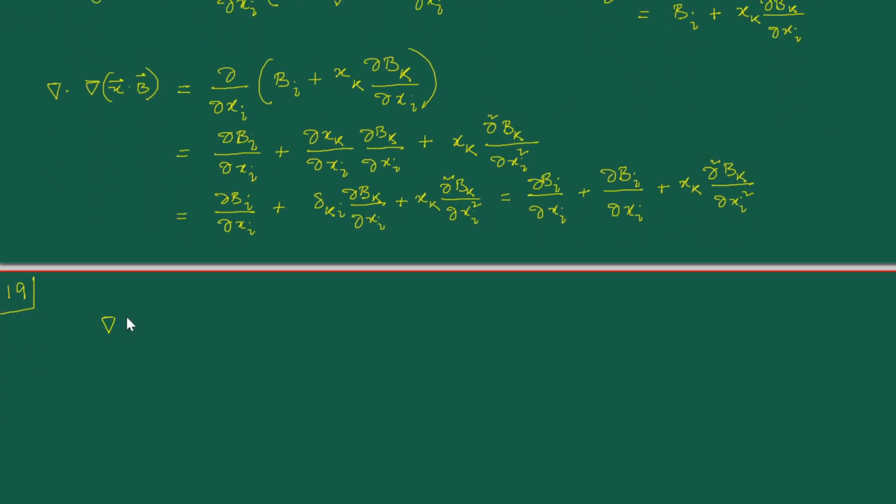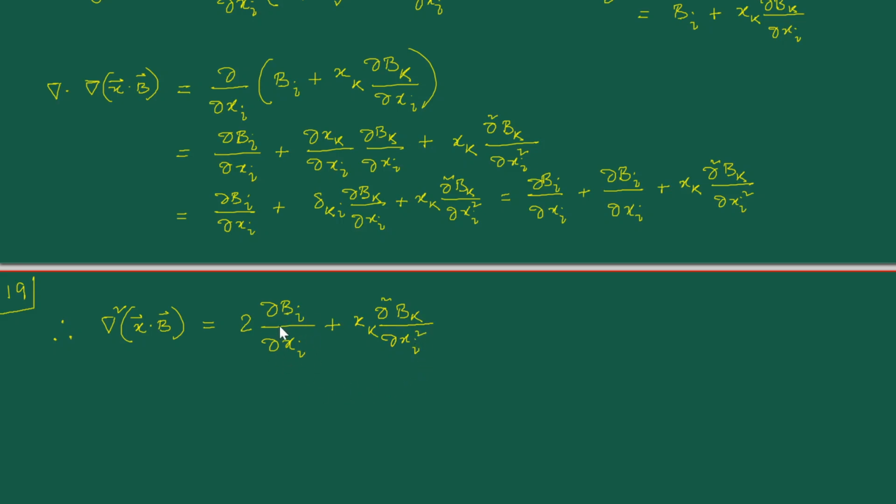Therefore, this del square x vector dotted with b vector, basically this thing, is equal to, from here we have twice del bi del xi plus xk del square bk del xi square.